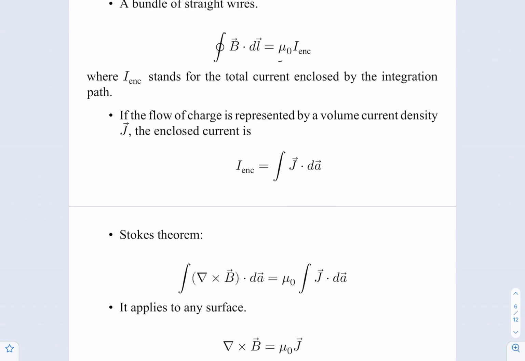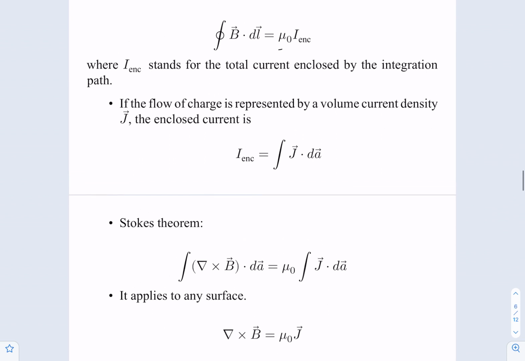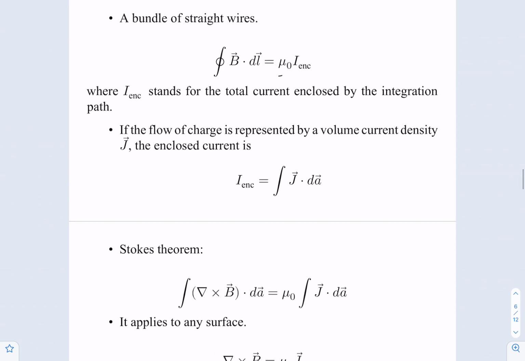Let's go a few steps forward. This current enclosed, if we express it in terms of the volume current density J, then we can use Stokes' theorem to relate the left-hand side to a surface integral as well. Stokes' theorem relates the line integral to a surface integral.